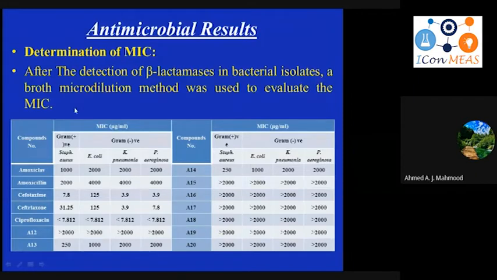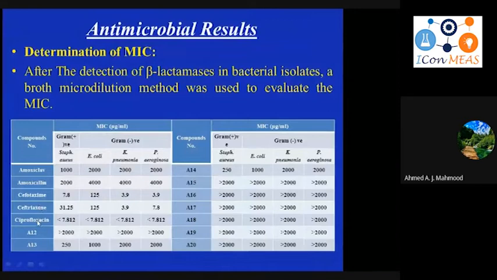Now about the antimicrobial results. Determination of the MIC for the synthesized compounds. After the detection of beta-lactamase in the bacterial isolates, a broth microdilution method was used to evaluate the MIC. Here we notice that amoxicillin has the lowest sensitivity, followed by amoxiclav, then cefotaxime and ceftriaxone with good sensitivity.